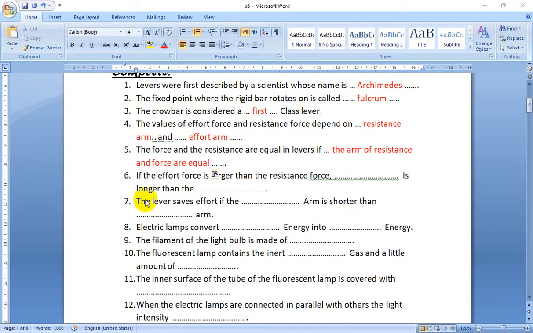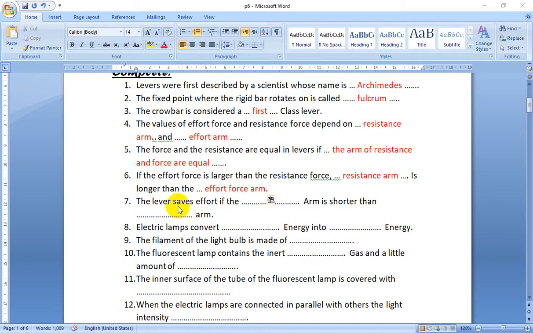That means when the effort force is larger than the resistance force, the resistance arm is longer than the effort arm. They are opposite. When we talk about force, we say larger than. But when we talk about arm, we say longer than.